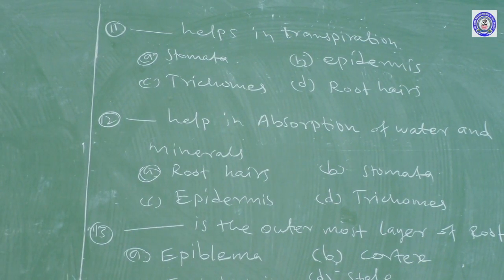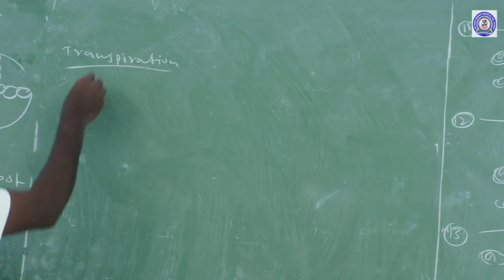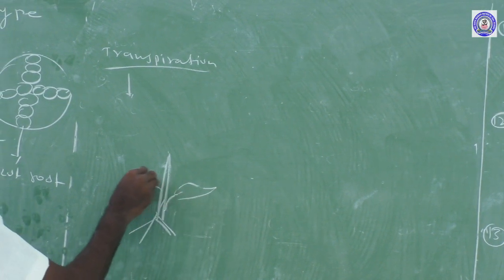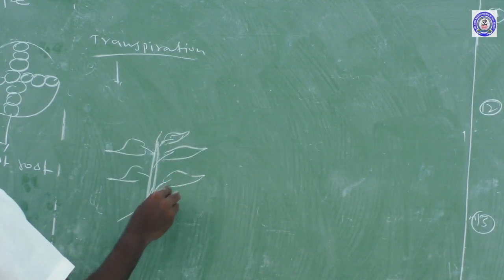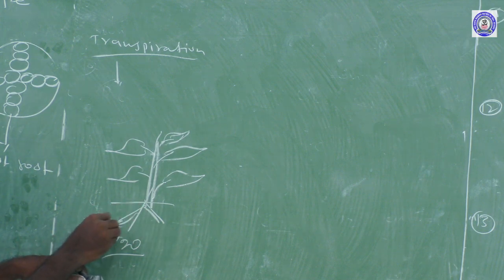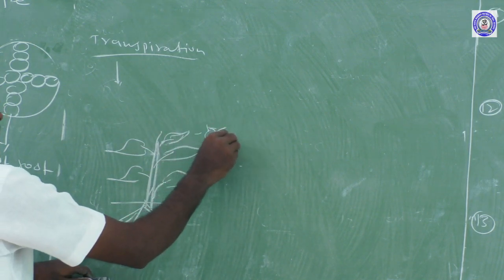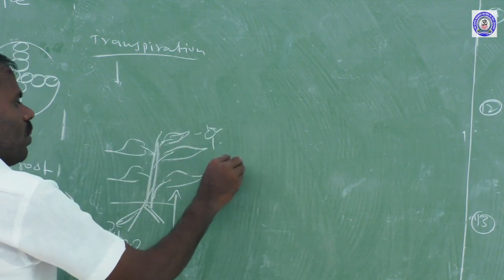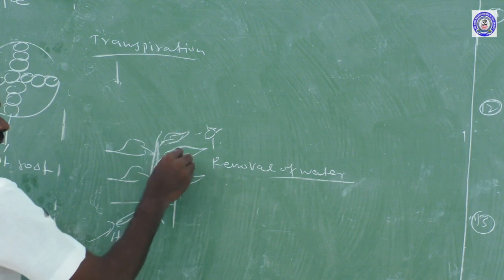Transpiration: water molecules are absorbed from the root hair zones and taken up through the xylem elements. Evaporation of water and its removal happens through the stomata region.